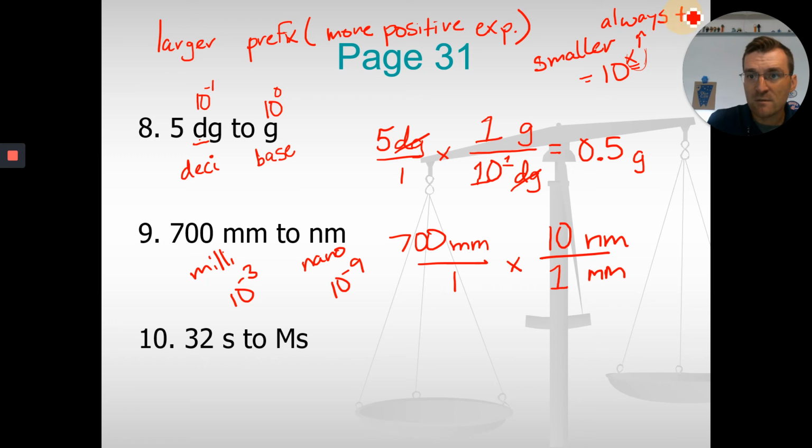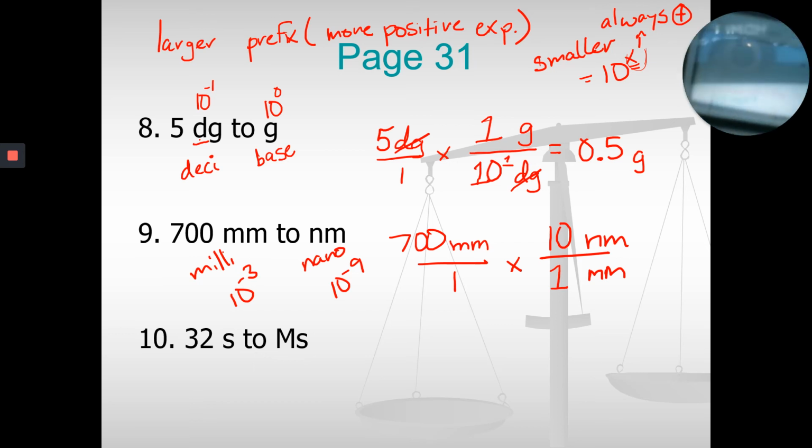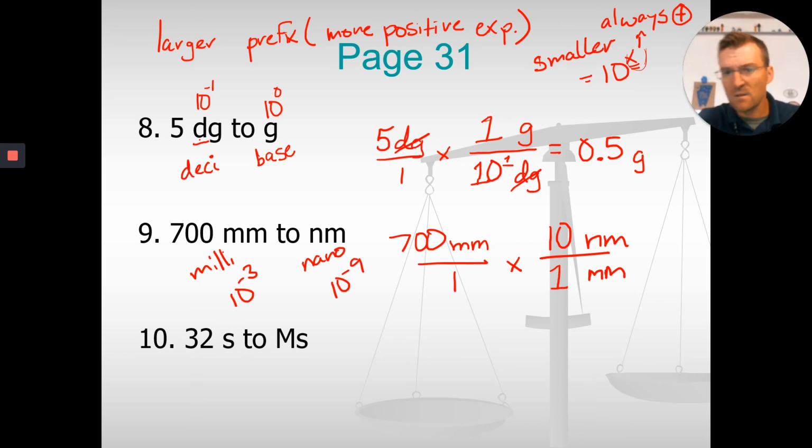Always, always, always. Always positive, never negative. So the difference between negative 3 and negative 9. I'm actually going to put that into my calculator just to show you. So I do negative 3 minus negative 9, and I get that answer of 6. So my exponent would be 6 here.